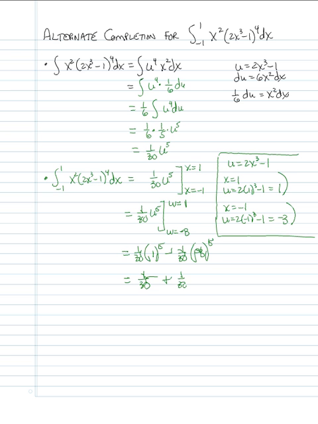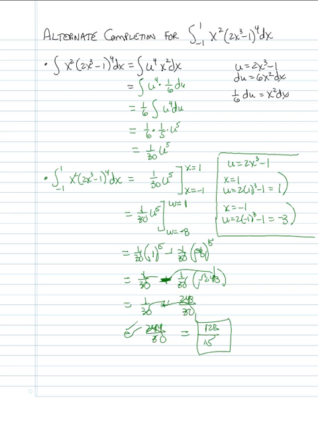And negative 3 to the 5th power is negative 243. So we have a negative times a negative, which is a positive, isn't it? We have 1 over 30 plus 243 over 30, which is 244 over 30. And then we simplified that a while ago to 122 over 15. And you see we get exactly the same result.